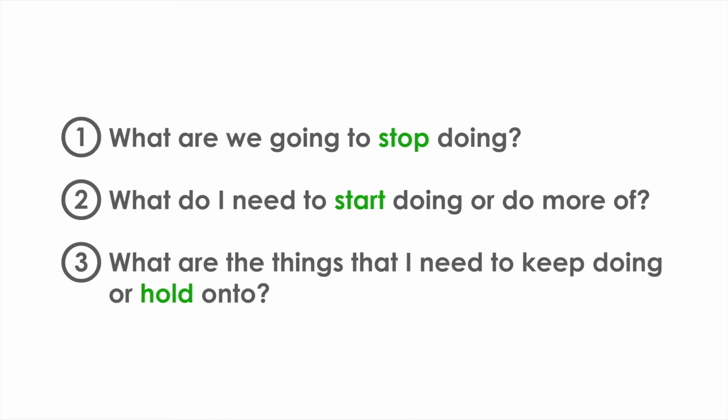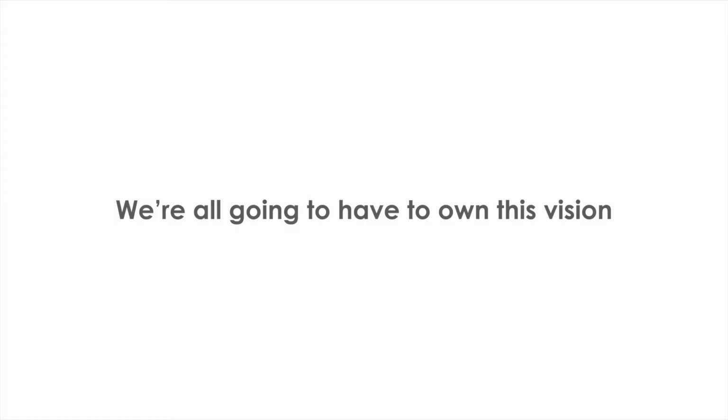And most importantly, once we've done this, which is going to take us quite a bit of time, we're negotiating, we're pushing back and forth in a very positive way, we're getting to that third way, we're all going to have to own this vision. It can't be one point of view's vision. It's got to be everybody's vision. So there might be version 1 of the vision and version 2 of the vision and version 3, and even more so.